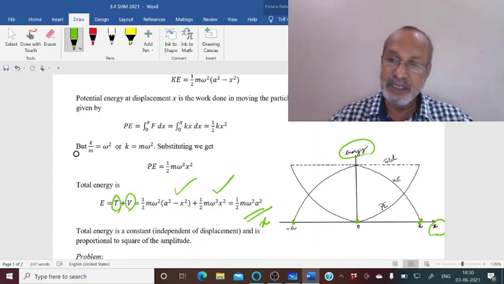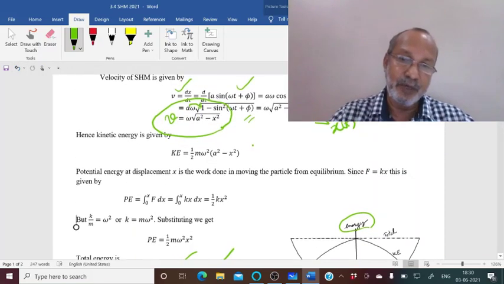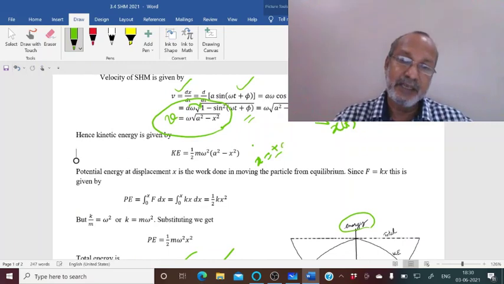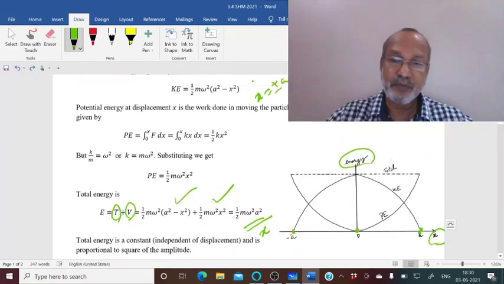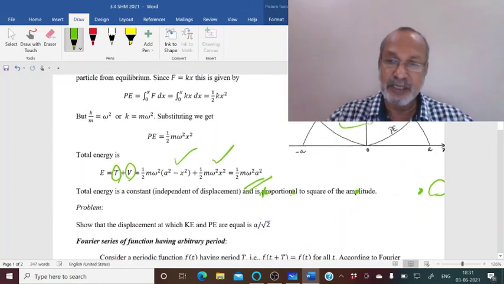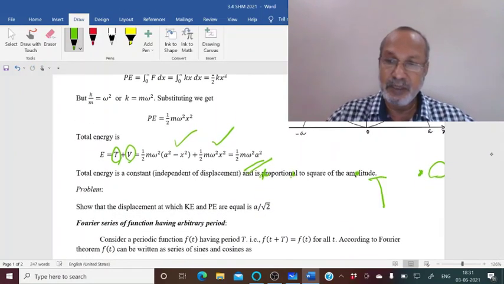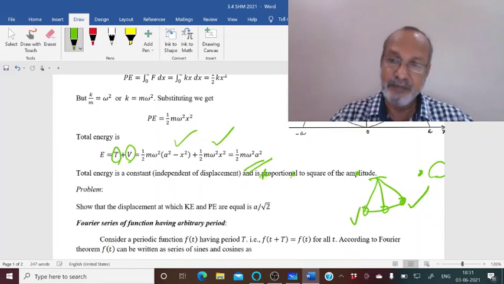And you can see that the kinetic energy is 0 at the extreme ends, because if you put x equal to plus or minus a in this equation, you will get a kinetic energy of 0. We already know this result because in the case of a pendulum swinging, at the extreme ends, here and here, the velocity is 0, so kinetic energy is 0, and kinetic energy is maximum at the middle for x equal to 0.